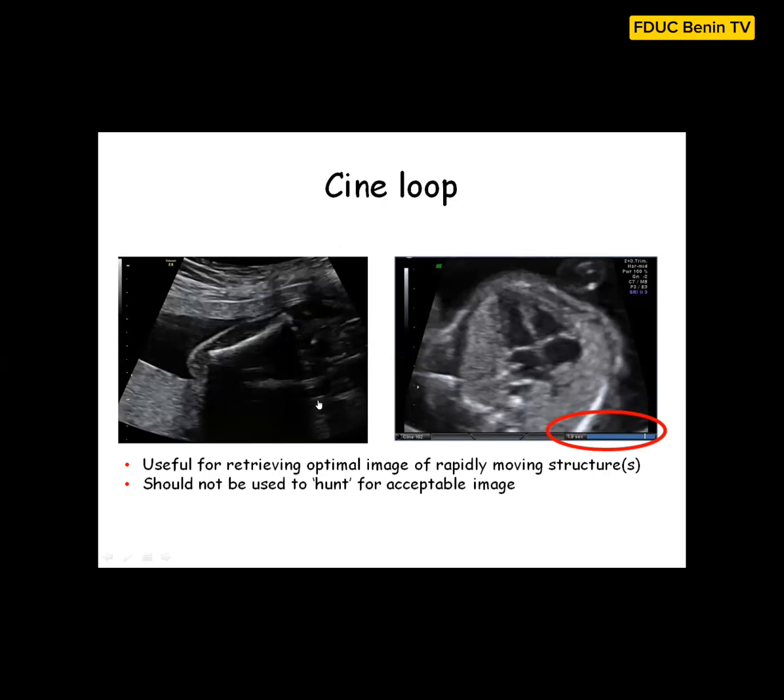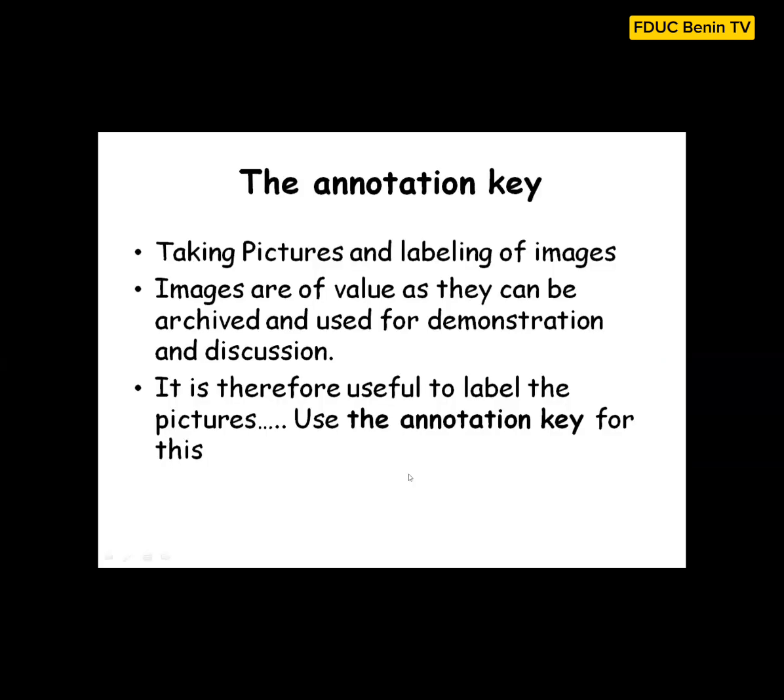Some people just use it to say, when we were scanning that time, we saw some acceptable image, let's go back and scroll. That is hunting. That is not really the aim of it. But of course, you can scroll back and retrieve some important images that the machine has stored for you frame by frame.